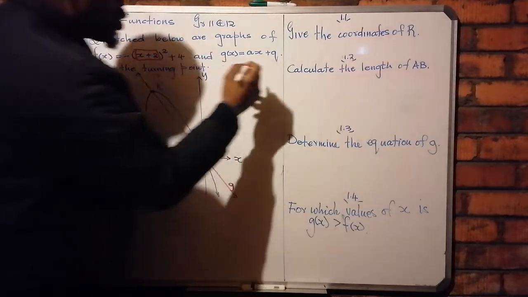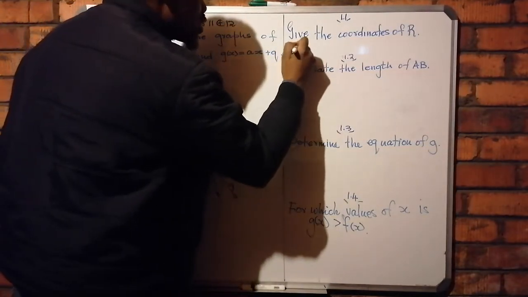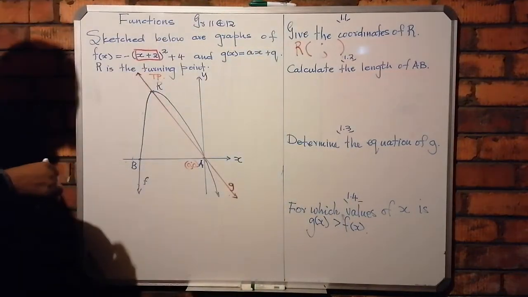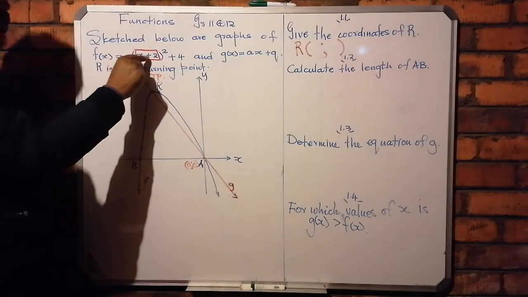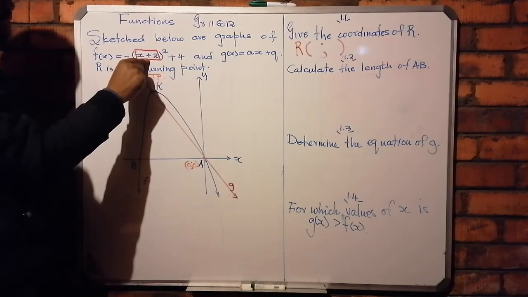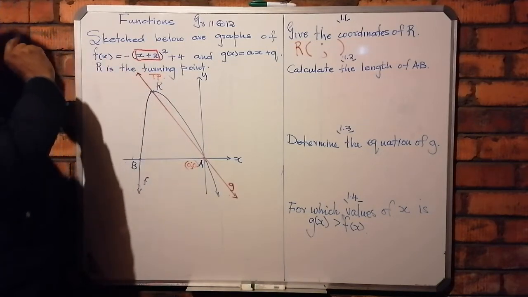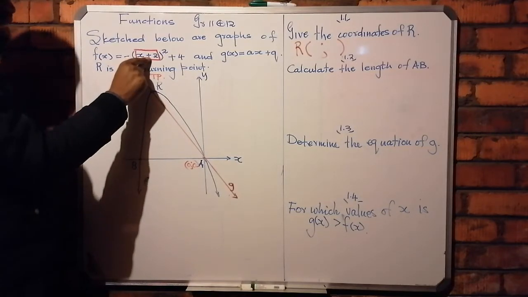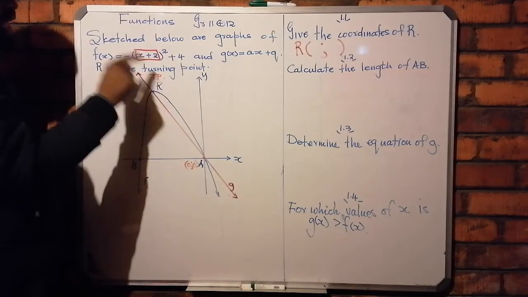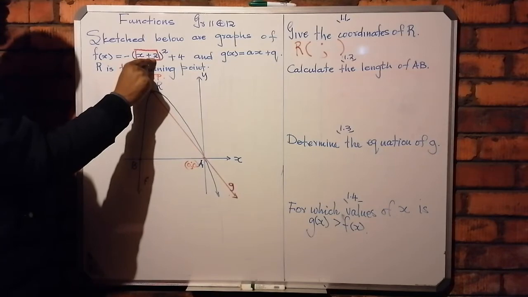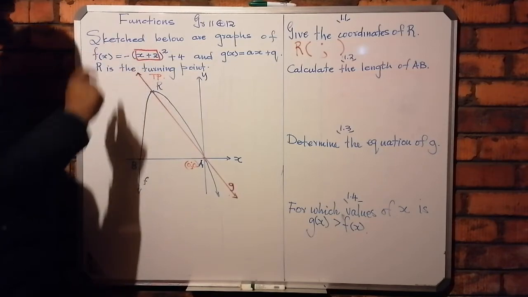Now, I'm going there to answer this question. The coordinates of R are, when the value of p is positive there, it is negative as the coordinate of the turning point. If it is negative there, it is positive there. Now let's start with that. p is positive there.